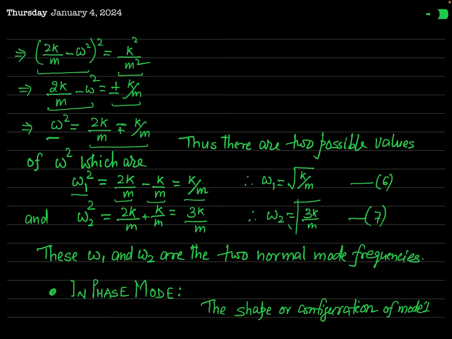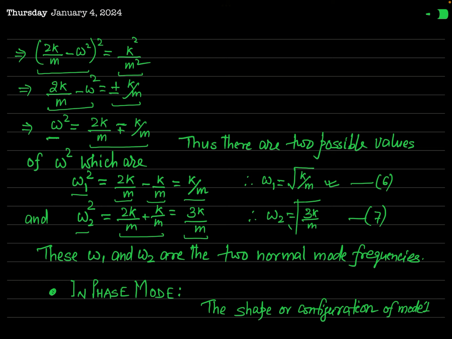And so you can say that omega 1 is equal to the square root of k by m. Okay. Now the other value of omega square you can find by taking the plus sign here, and so omega 2 square is equal to 2k over m plus k by m, and so this is 3k by m. Okay.